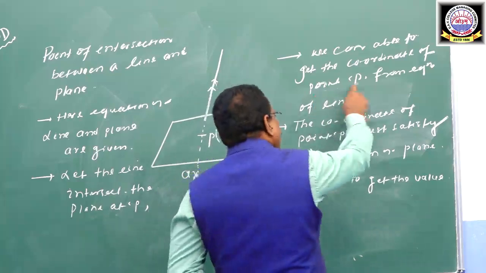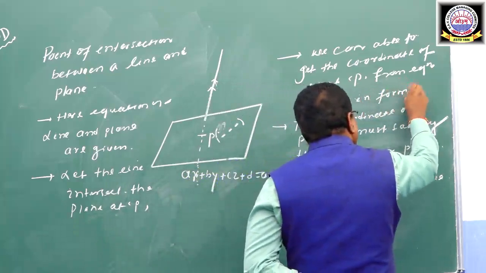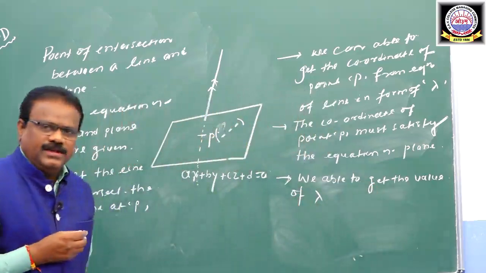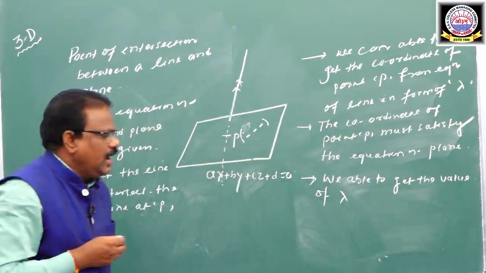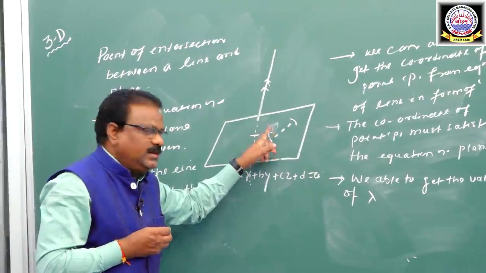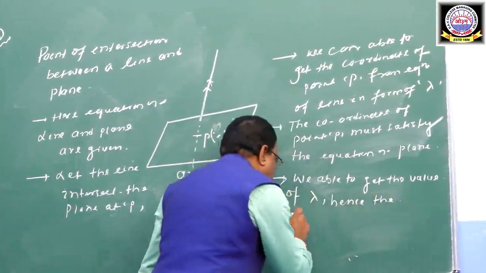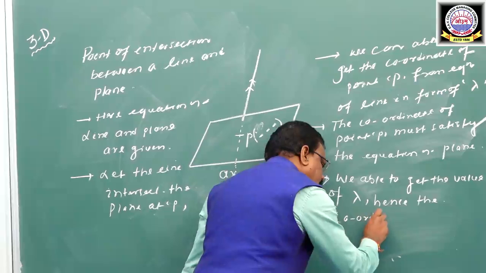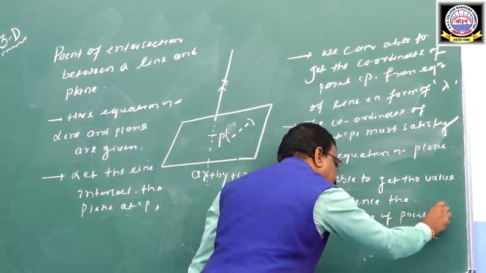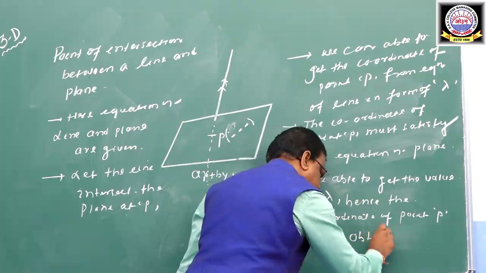We can write the point P from the line equation in the form of lambda. We will get the value of lambda, and if we put the value of lambda here, then the coordinates of the point P are obtained.